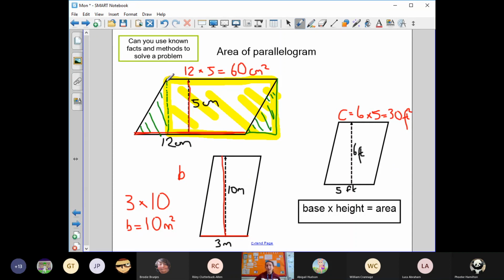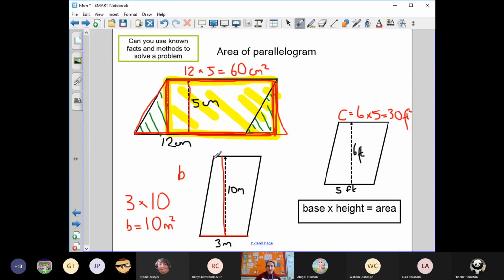So Martin, it's not so much that we're turning it into a rectangle. I'm just showing you that the area taken up by the parallelogram, if I chopped this little triangle off the end here and picked it up and put it over here, it would make that shape a perfect rectangle. So I'm just proving to you that you can find the area of a parallelogram by doing the exact same thing as you would if it was a rectangle.